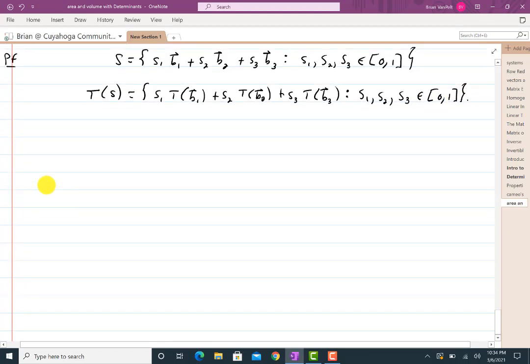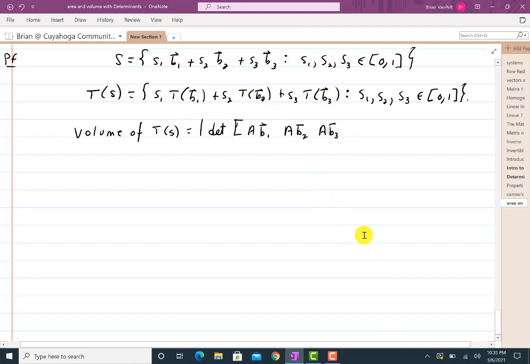And of course then the volume of T of S is going to be the absolute value of the determinant of, let me see how I want to write it, AB1, AB2, AB3. Remember, TB1 is AB1, TB2 is AB2.